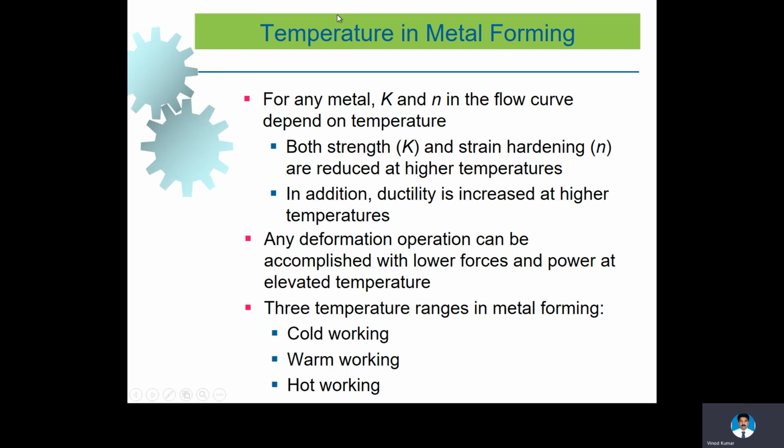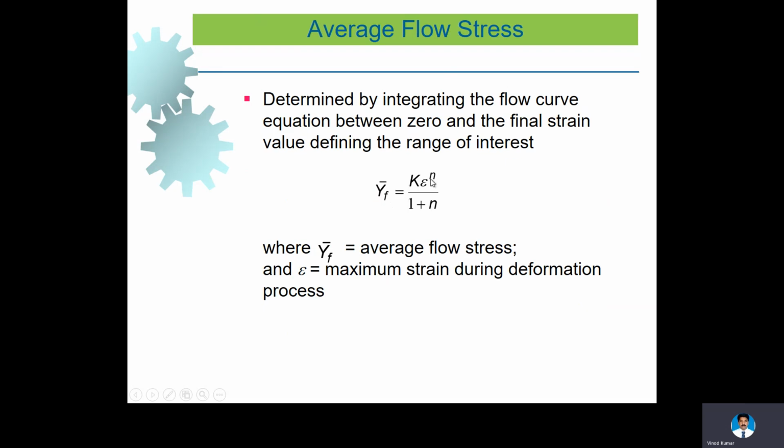So this is the effect of temperature in metal forming. As temperature is increased, K and n decrease. When K and n decrease, the flow stress decreases. As flow stress decreases, less stress is required for plastic deformation.